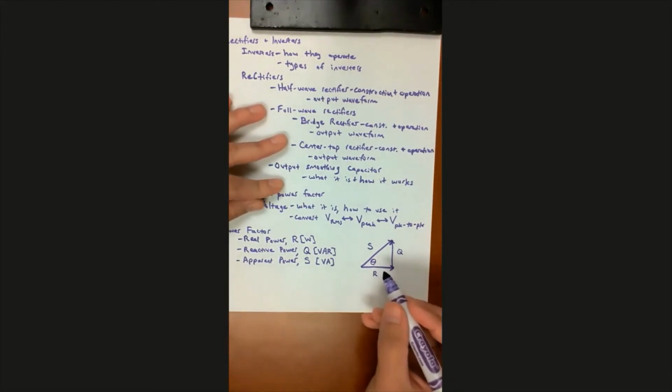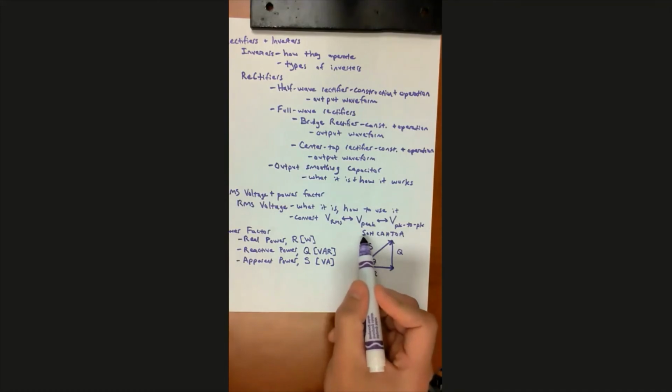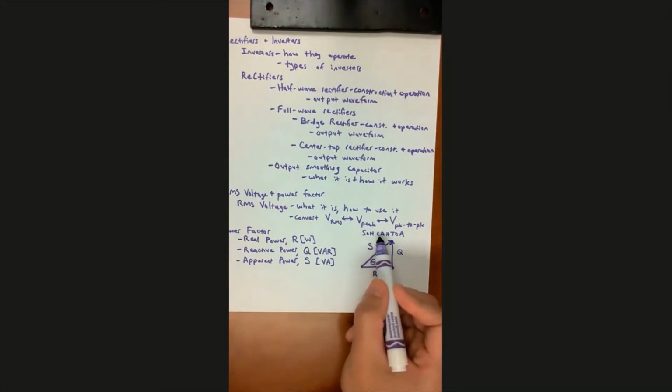And that helps because now you can use your trigonometric functions. Remember SOHCAHTOA, I mentioned that last time. I don't think I wrote it out last time, but here's what that looks like, just in case you don't remember from math class. SOHCAHTOA: the sine of any angle is equal to the opposite side length divided by the hypotenuse. The cosine of any angle is equal to the adjacent side length divided by the hypotenuse.